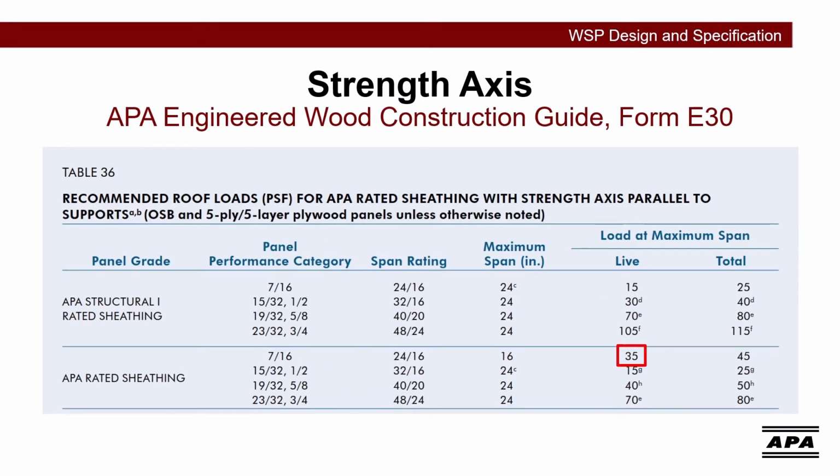If we turn the panel so that the strength axis runs parallel with the framing, we'll refer to Table 36 instead and find an allowable live load of only 35 pounds per square foot at a maximum span of 16 inches on center. This is a very significant reduction in load capacity, so it's important to understand how the panels will be installed in the field.